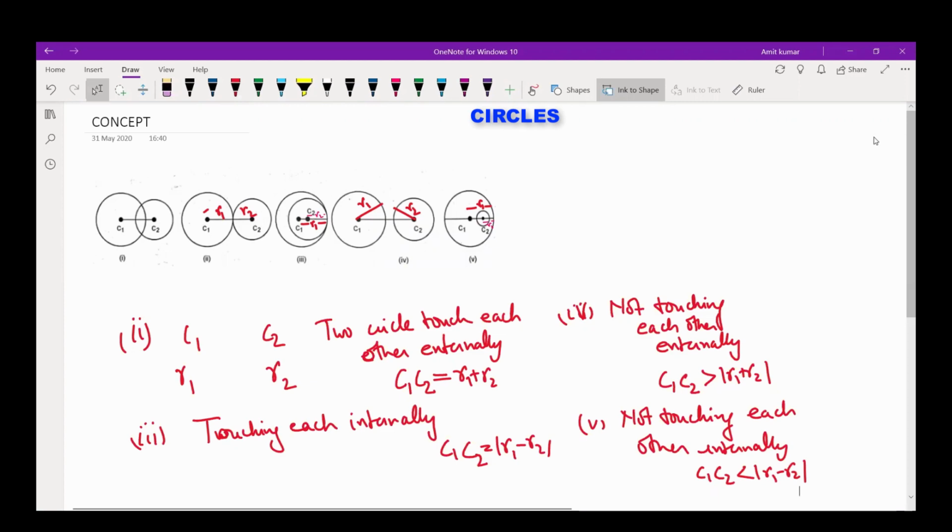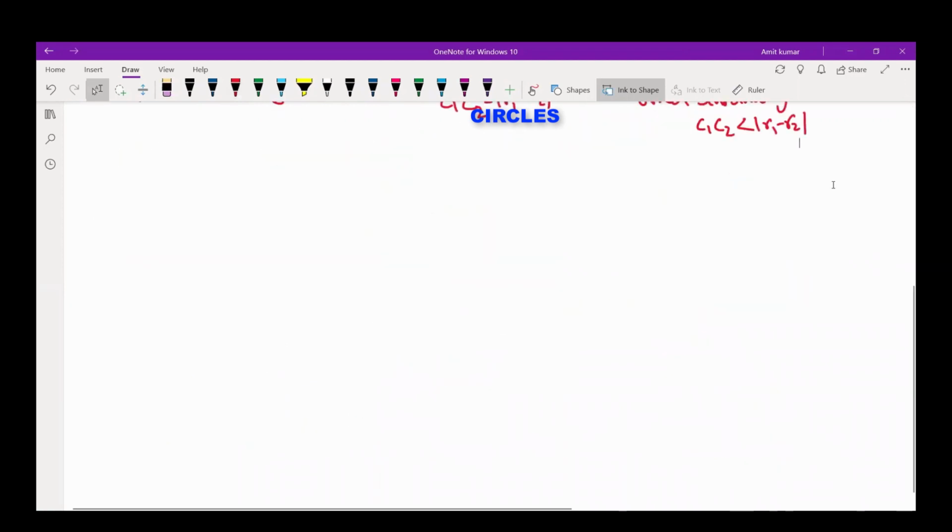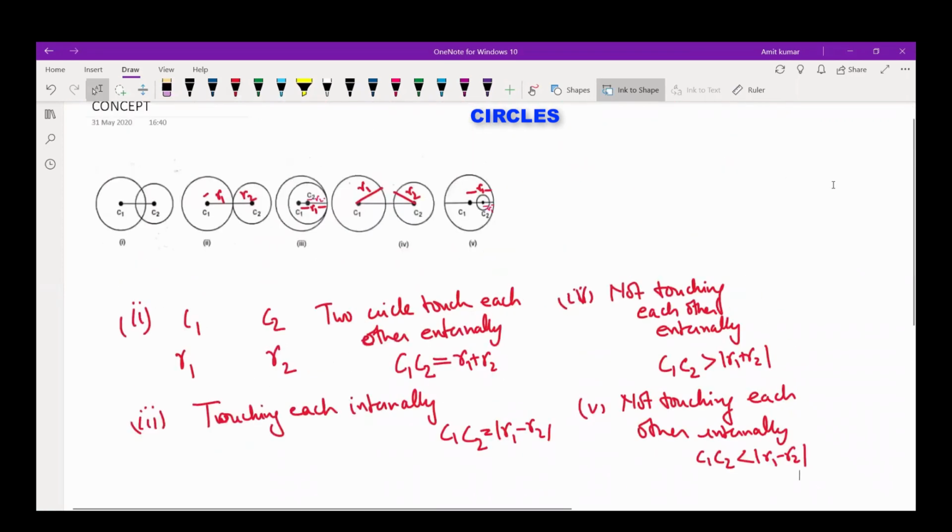But in the first diagram, what I get is that these two circles are intersecting each other.